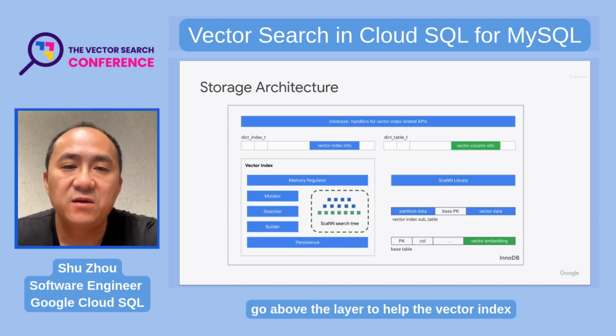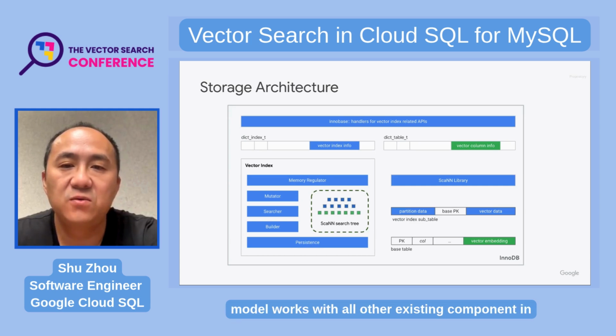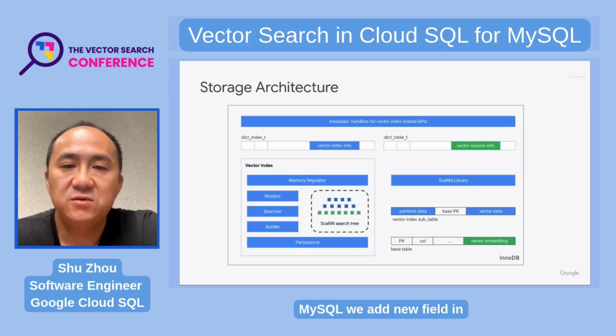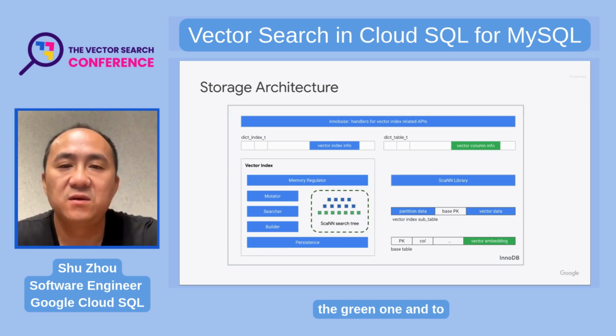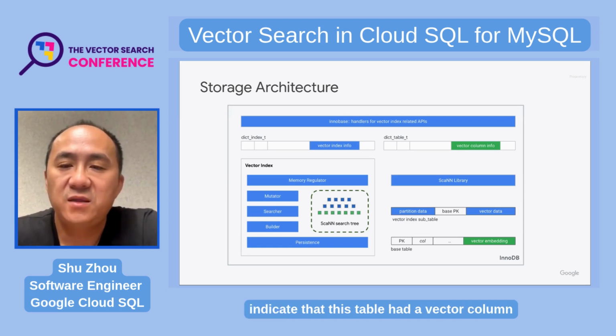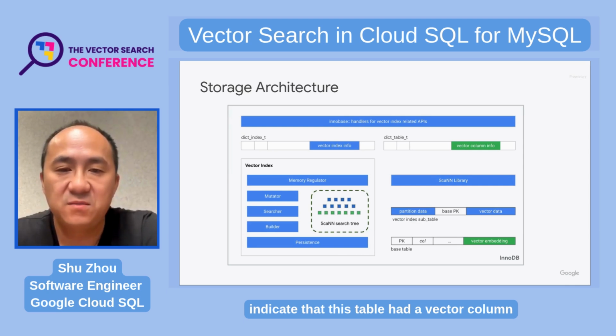And go above the layer. To help the vector index model work with all other existing components in MySQL, we add a new field in the table structure, this one, the green one, to indicate that this table has a vector column.